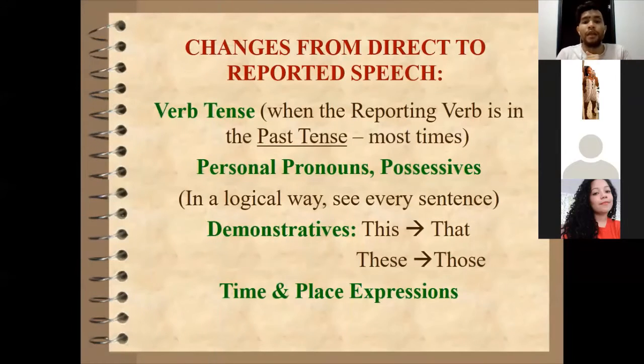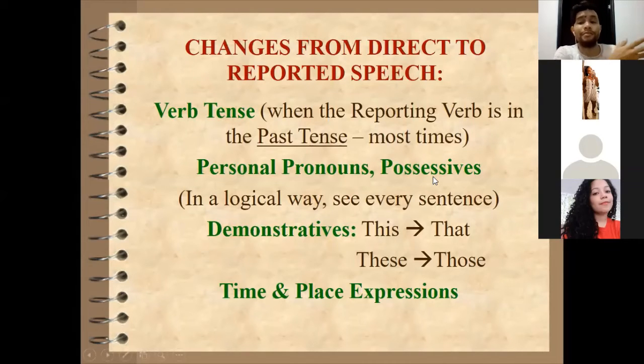Now, the reported speech, as I said before, I have already told you that the things that change are the verbs, right? The verb and the tenses are the ones that change. But here, in the reported speech, not only the tense changes. Maybe you realized that sometimes when I say you, in the reported speech it was I. So the personal pronouns change too.